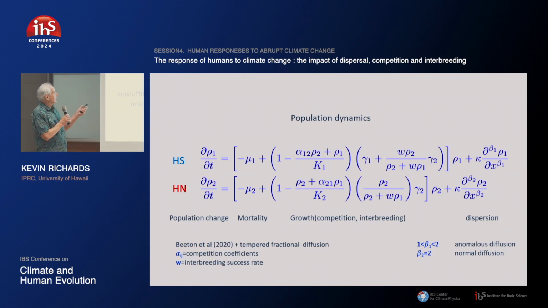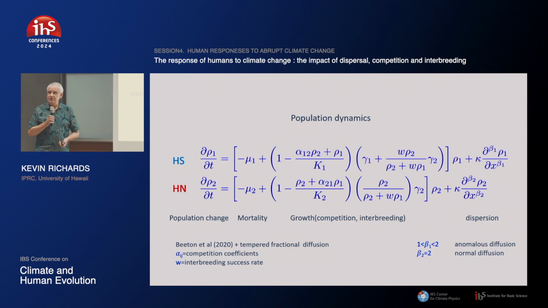The combination of limited growth and dispersion will produce wave fronts that propagate at a given speed, and the characteristics of that wave front will depend upon how we model the dispersion.